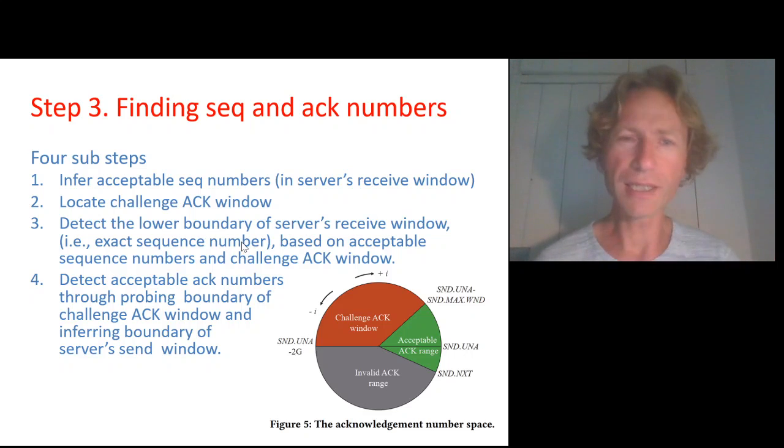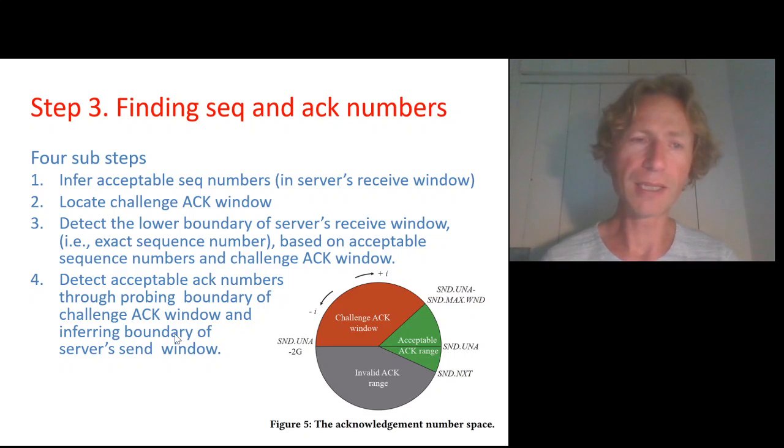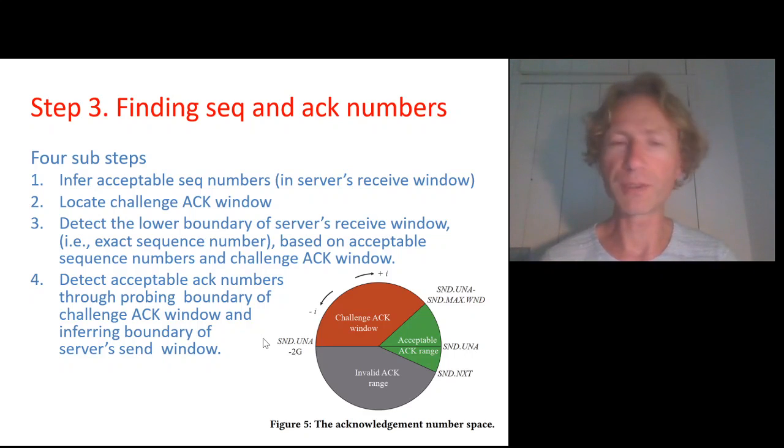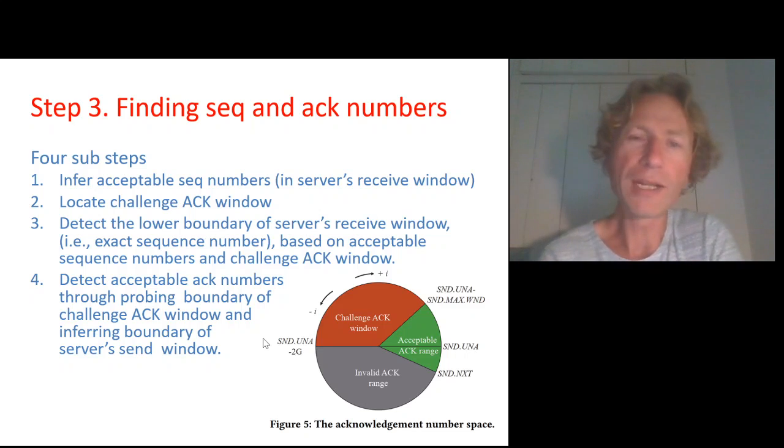I should mention, server's receive window; I think I said sender's receive window. We do that based on the acceptable sequence number and the challenge ACK window that we found in the previous steps. And finally, we look for acceptable ACK numbers through probing the boundary of the challenge ACK window and inferring the boundary of the server's sender's window. So that's the plan. Now let's do this.